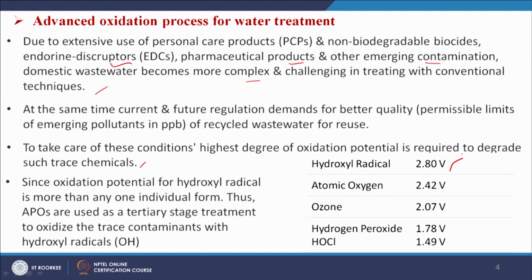Since the oxidation potential of hydroxyl radical is more than any other, like atomic oxygen, which is basically nascent oxygen, and then ozone, hydrogen peroxide, HOCl, we see this is the highest. Thus AOPs are used as a tertiary stage treatment to oxidize the trace contaminants with hydroxyl radicals. That is the reason why we expect the most efficient oxidation if we use this hydroxyl radical, which is generated in situ in the reactor.